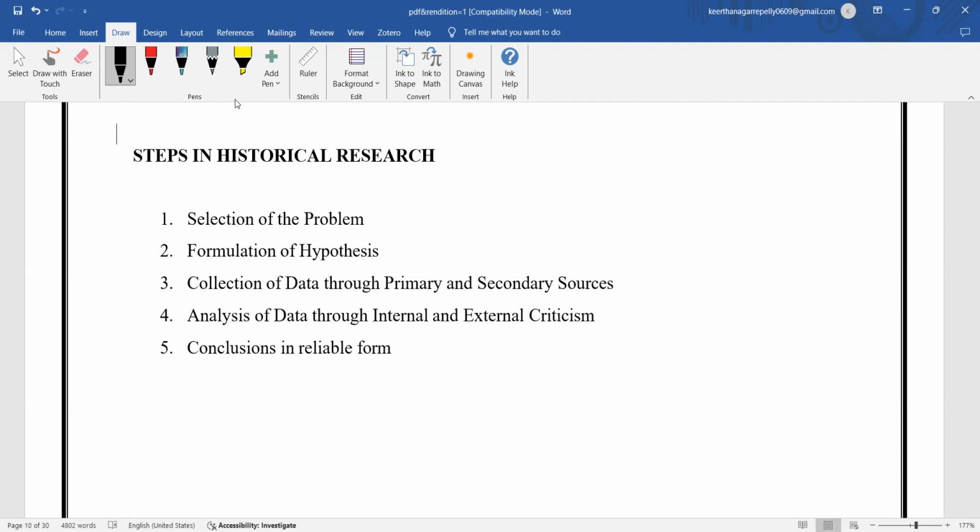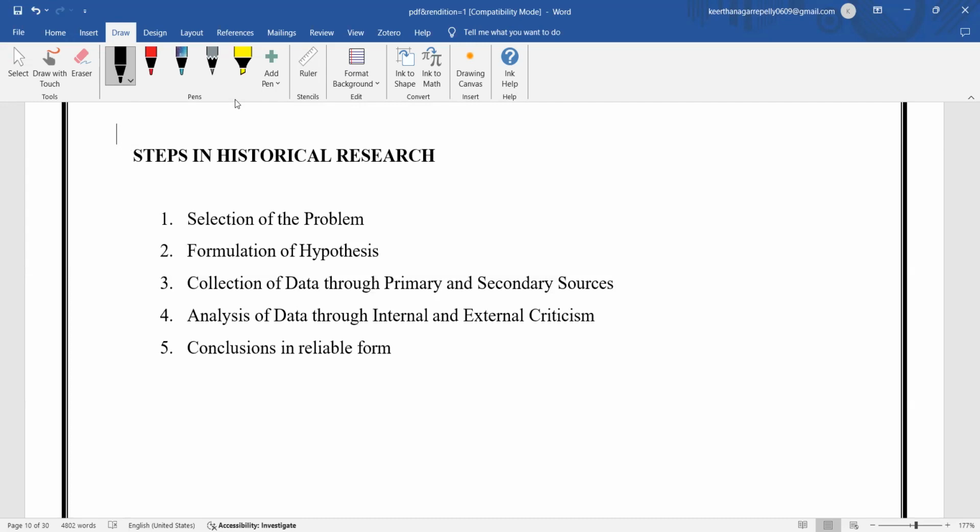Then comes collection of data through primary and secondary sources. Next, analysis of data through internal and external criticism, as we have just discussed. Next, conclusions in reliable form.